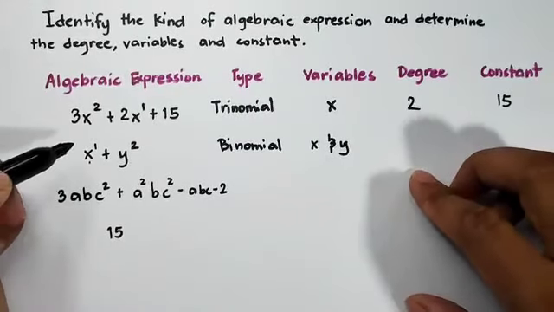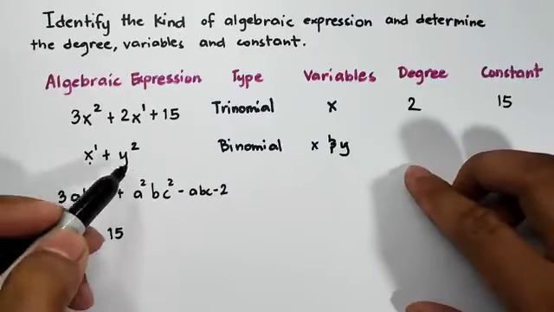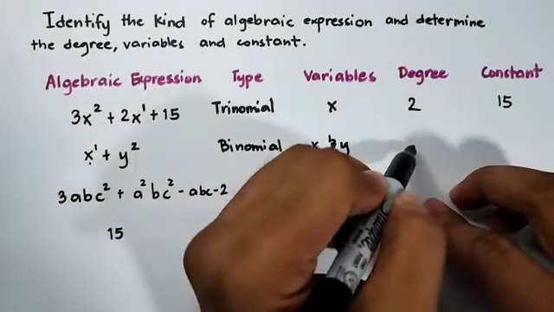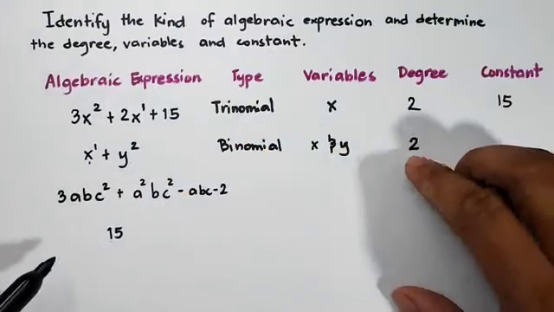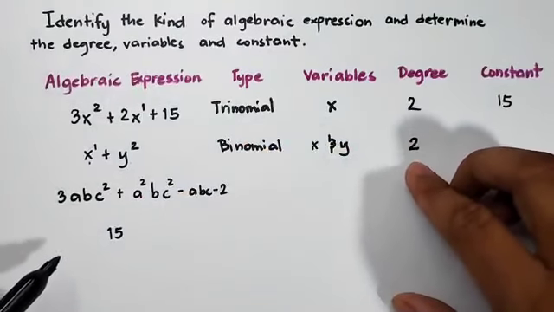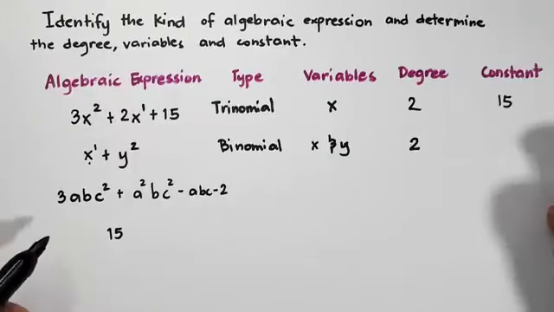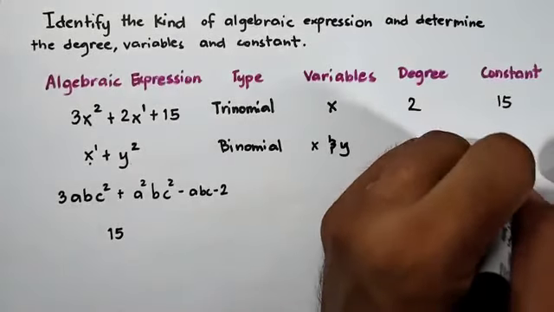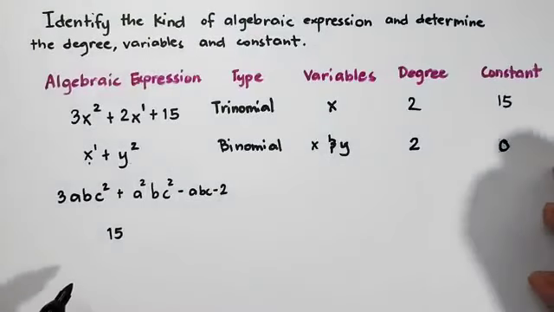The variable x has the exponent of 1, while the variable y has the exponent of 2. Which one is greater? Itong greater natin is 2. Therefore, the degree is 2. So what about the constant? Wala pa kami nakikita number. If the constant doesn't exist, meaning the constant of the given expression is 0. Okay?